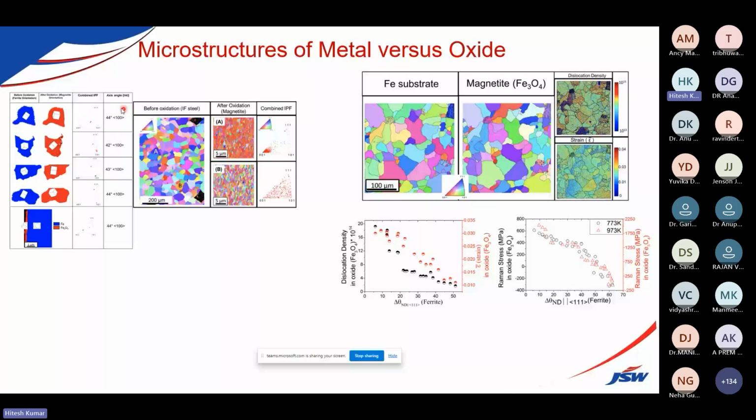If you can see, this is around 300 to 400 nanometer fine scale, and this is the cross section of the grain. So you can see one single grain is covered with one single grain of magnetite. The blue color is ferrite, and the red color is magnetite. This is at 500 degrees Celsius.